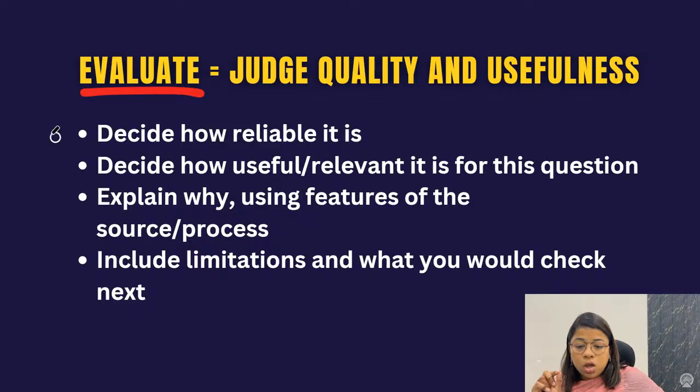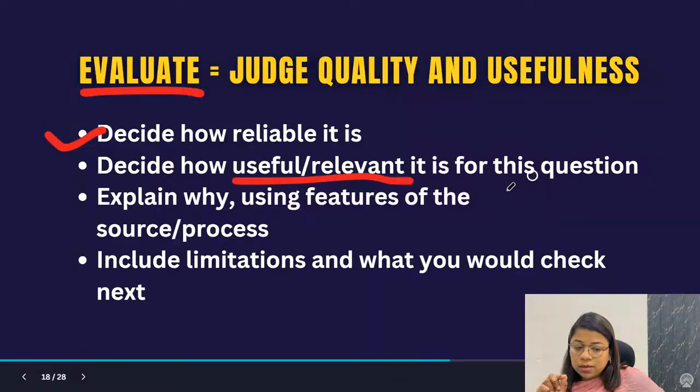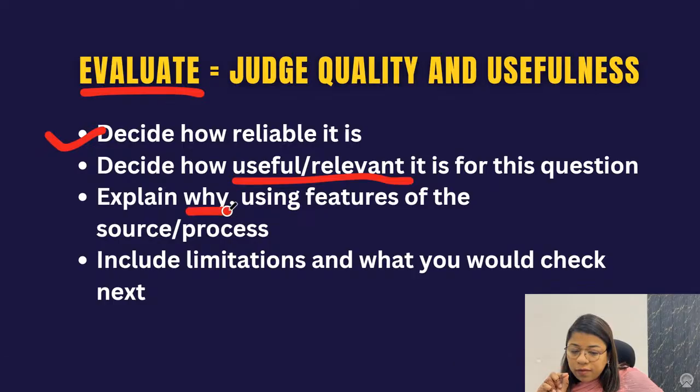So after this step, you will focus on whether it is relevant. If yes, then you will explain why it is relevant and what the different features of the source are, maybe the date, the author, or the type of source.